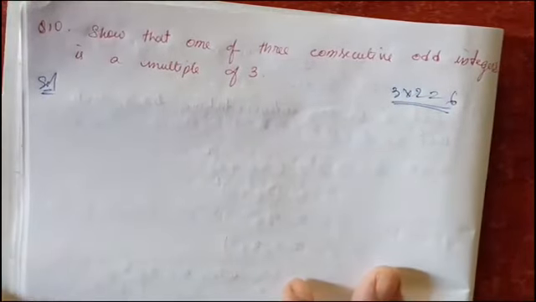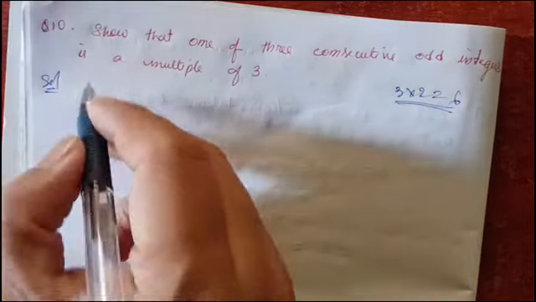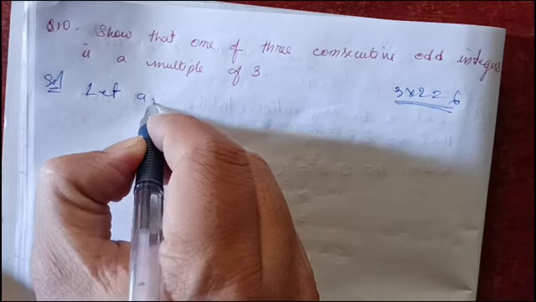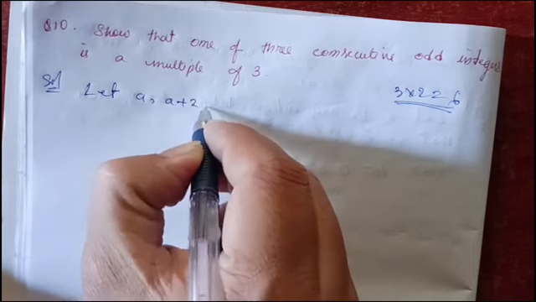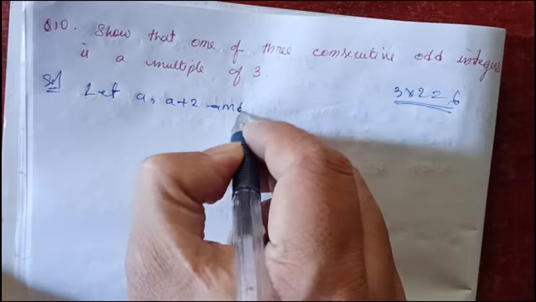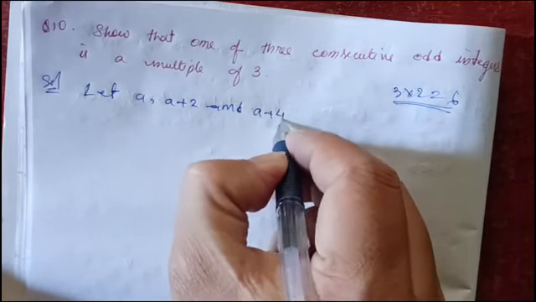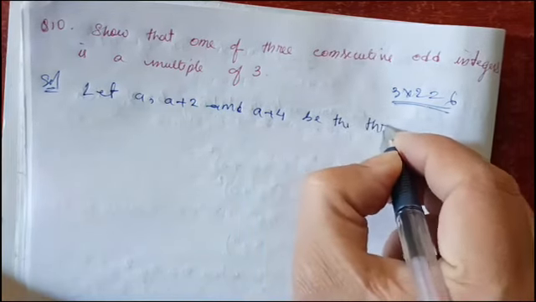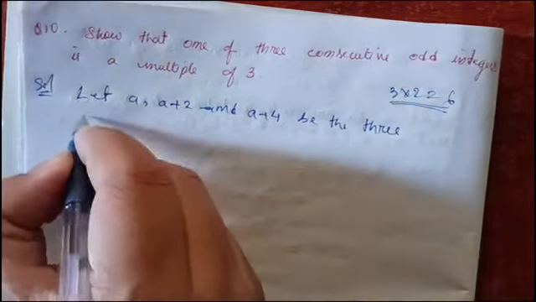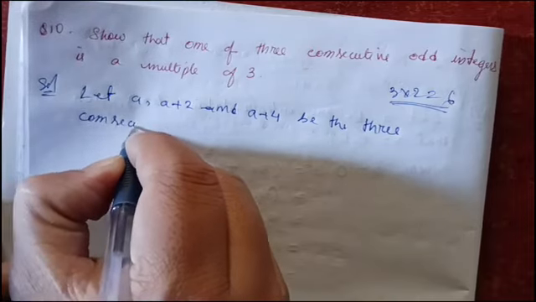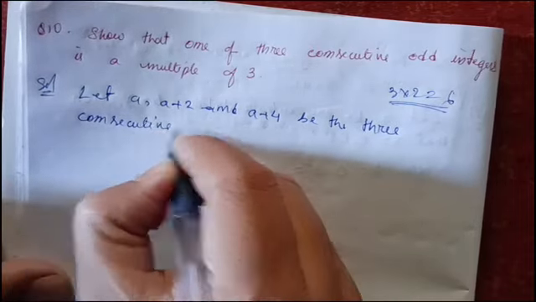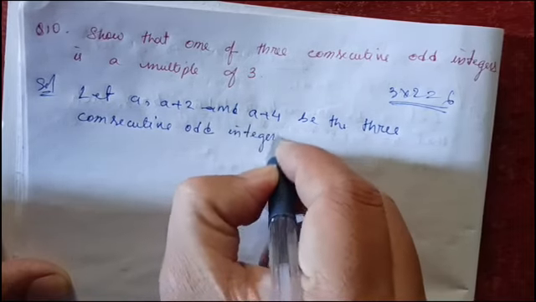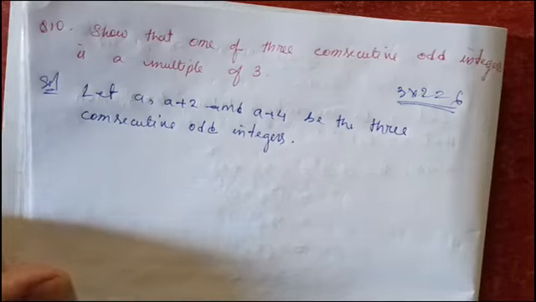In this type of question, we are going to consider like this. Let a, a plus 2 and a plus 4 be the three consecutive odd integers.